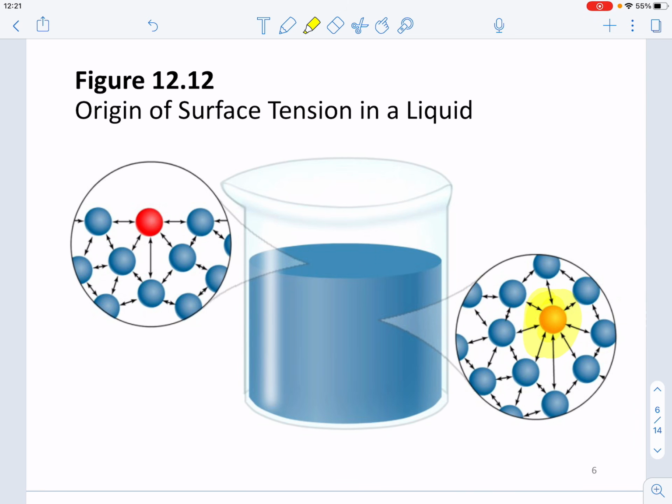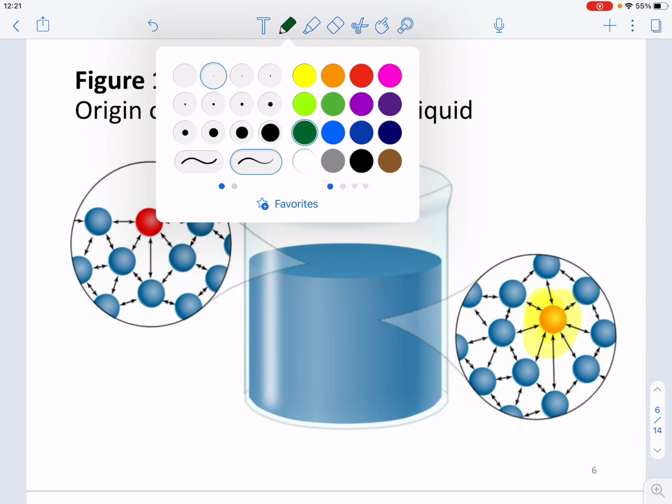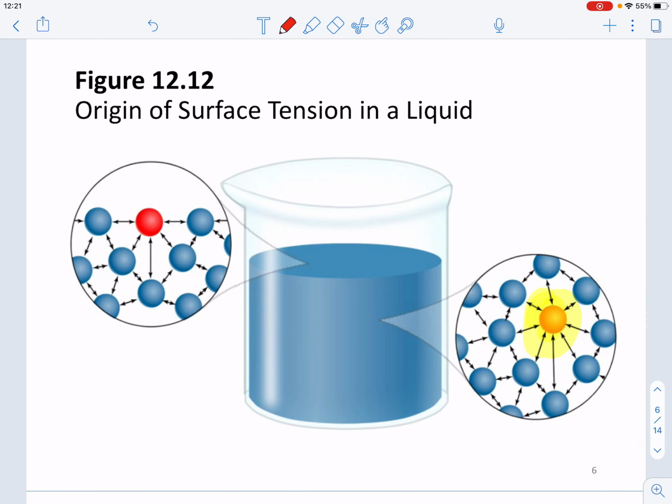Now, if we take a look at the surface here, above the surface there is nothing. That is not entirely true because there is air, but we are focusing our attention on the liquid, so there is no liquid above the surface, right? So there is nothing pulling this molecule in any direction.